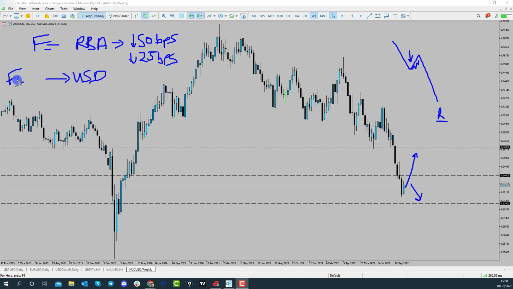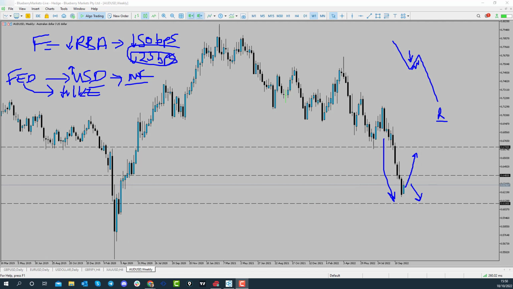That's influenced by the Federal Reserve and obviously inflation prices at the moment, because inflation is going wild. So the Fed are going to have to hike rates still, and they're going to have to hike rates more than what the RBA are doing. So that's more bullish dollar, less bullish Australian dollar. That's why we're seeing this downward spiral for the Aussie US dollar price at the moment.